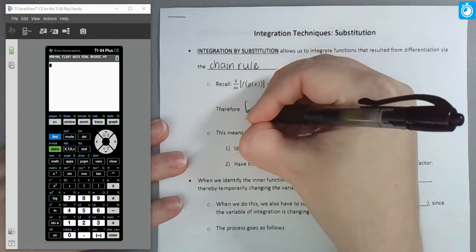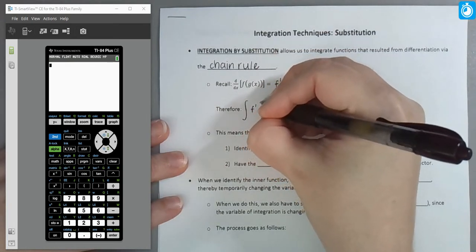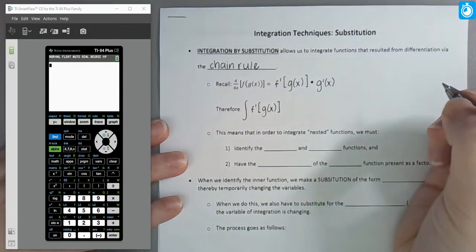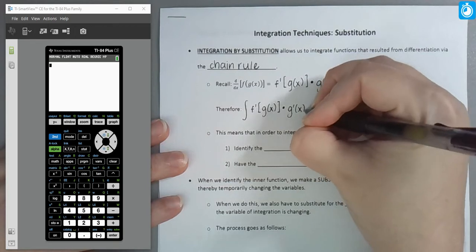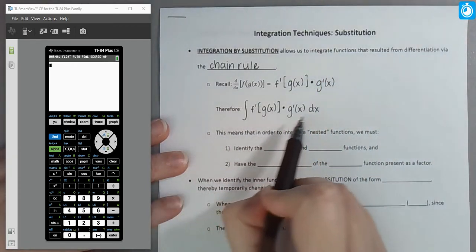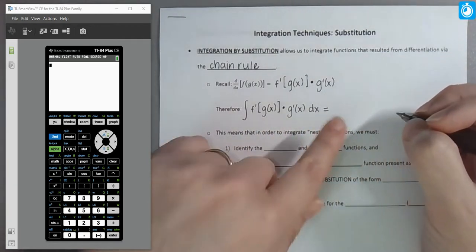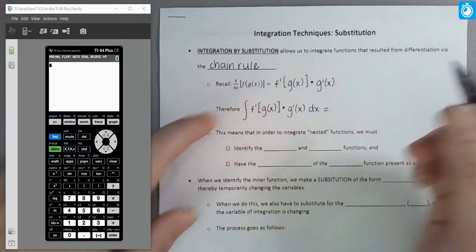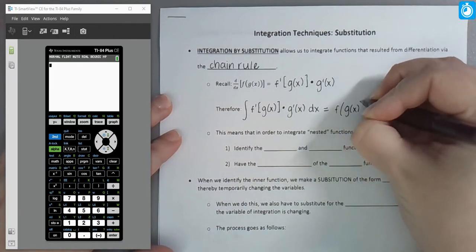So another way of saying this is the antiderivative of a function that looks like what we have on the right-hand side, f prime of g of x times g prime of x integrated with respect to x, reverses the differentiation and we get back to our original composed function, f of g of x.